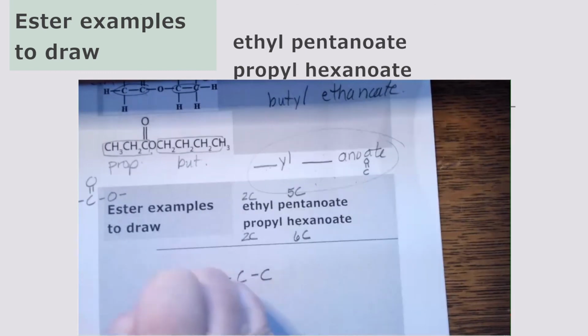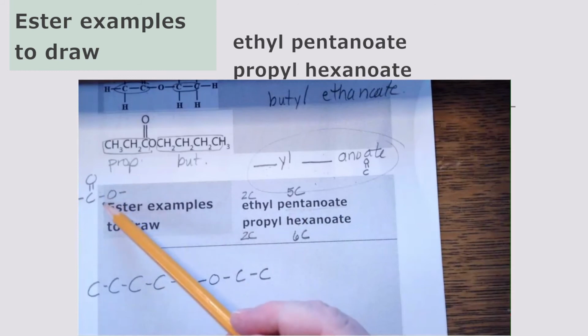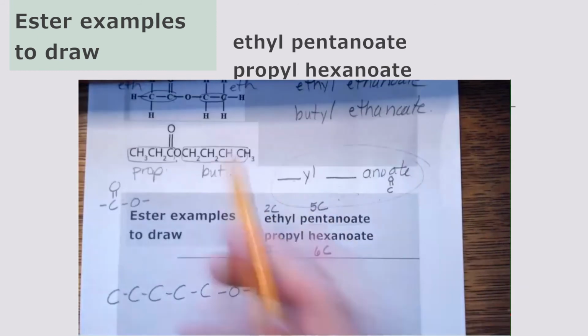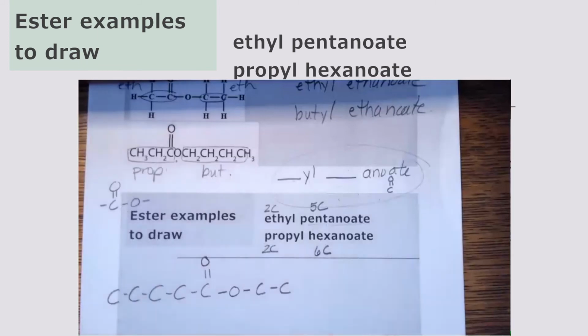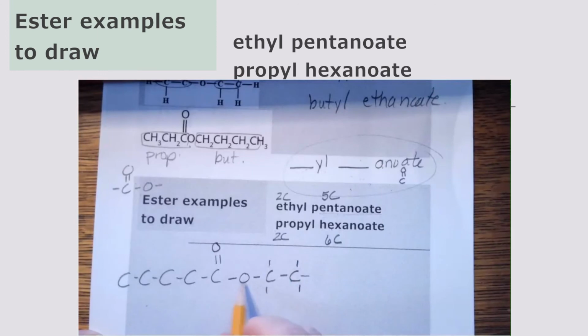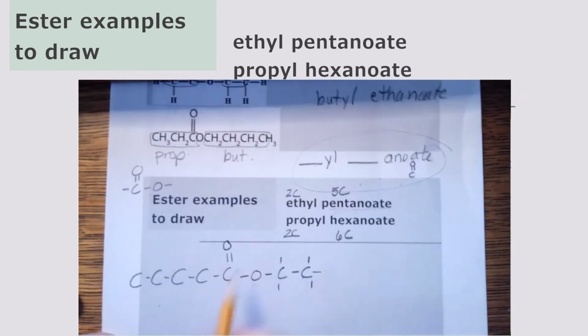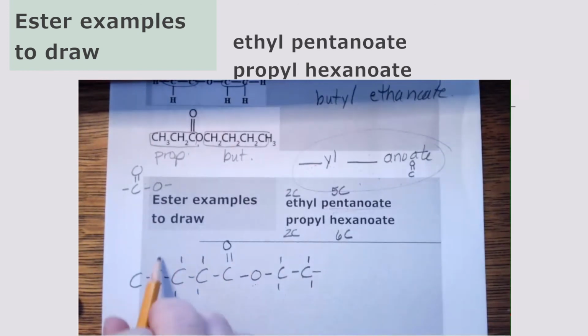On the other side, 1, 2, 3, 4, 5. But because this is the anoate, this double bond O goes on that carbon. So it goes here. So I can simply put the O, put 2 on this side, 5 on this side, put the double bond O where it belongs. Now add in the hydrogens. Remember, oxygen is only 2 bonds, so please add nothing. This carbon has 1, 2, 3, 4. Done. And then, like usual, the middle ones get 2, the end ones get 3.